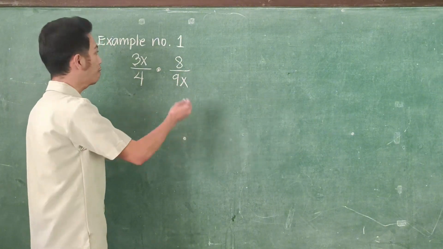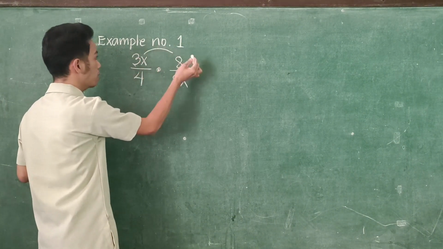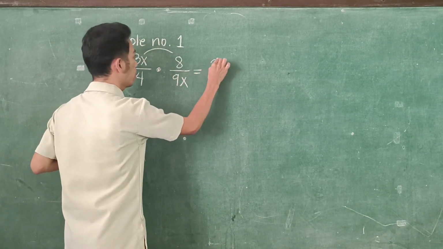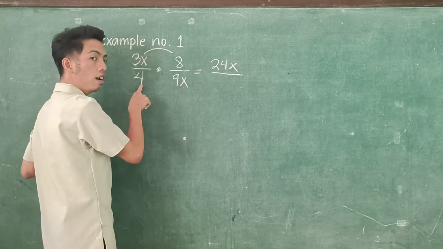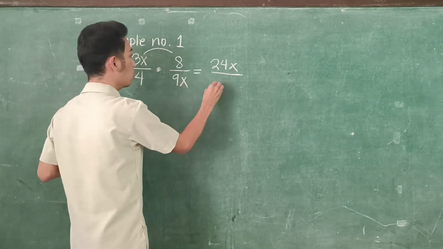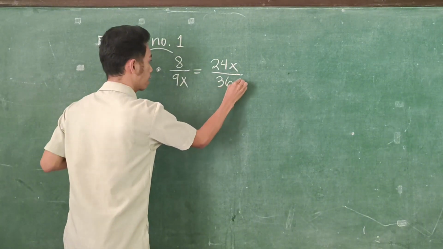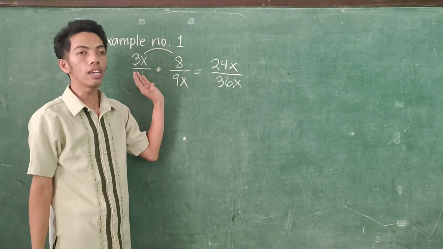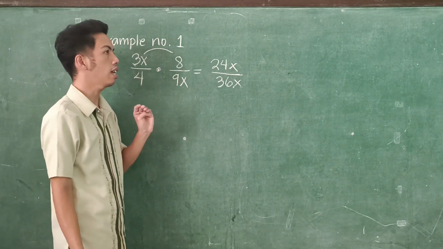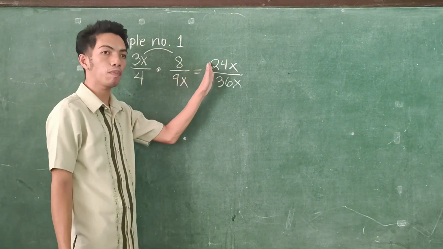So by doing that, 3x times 8, that is equal to 24x. And 4 times 9x, that is equal to 36x. So na-multiply na natin, nagawa na natin yung step 1. Okay? Dako na tayo sa step number 2.